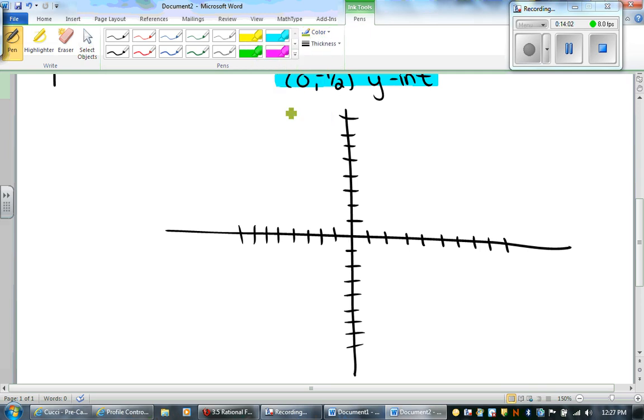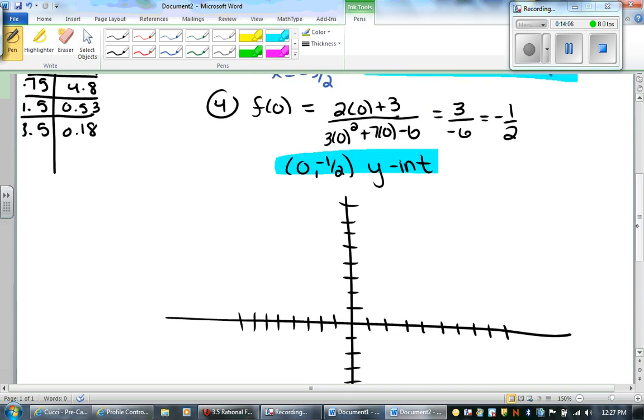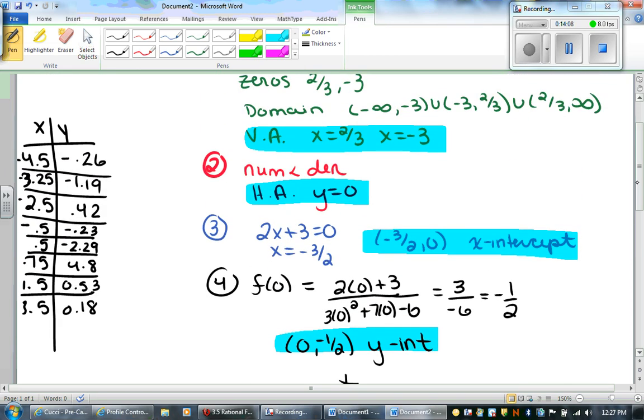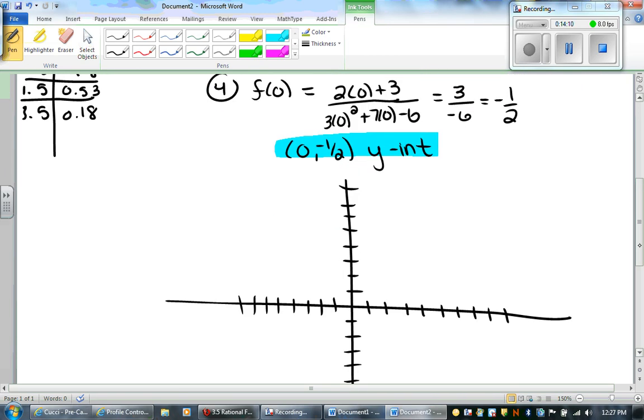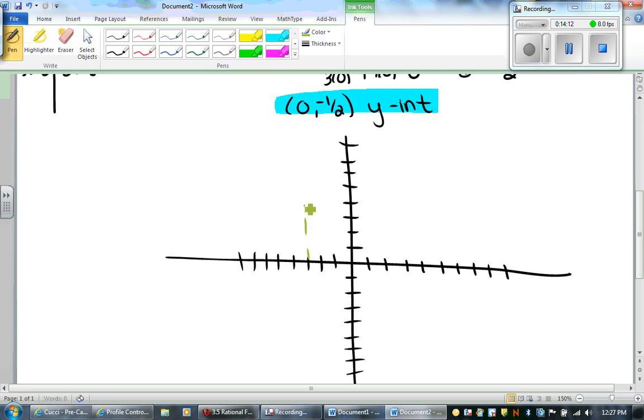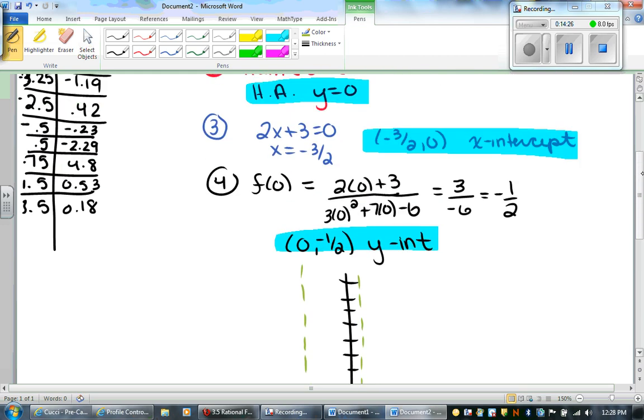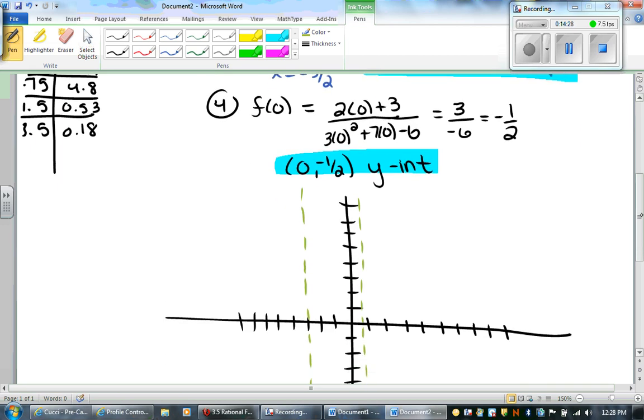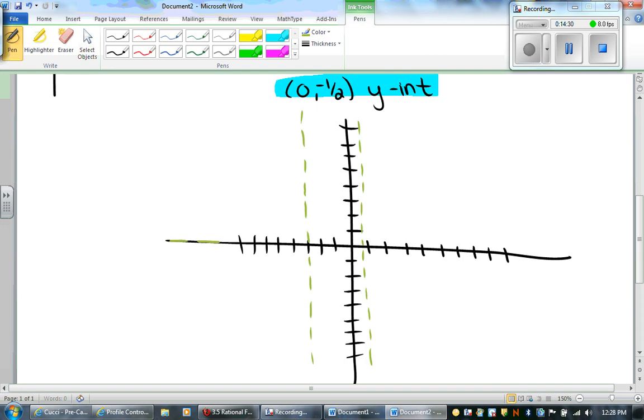Okay, so we know we have vertical asymptotes at 2/3 and -3. So here's -3, that one's easy to find. And then 2/3 is going to be somewhere in here. I have a horizontal at y equals 0. So that's along my x-axis.